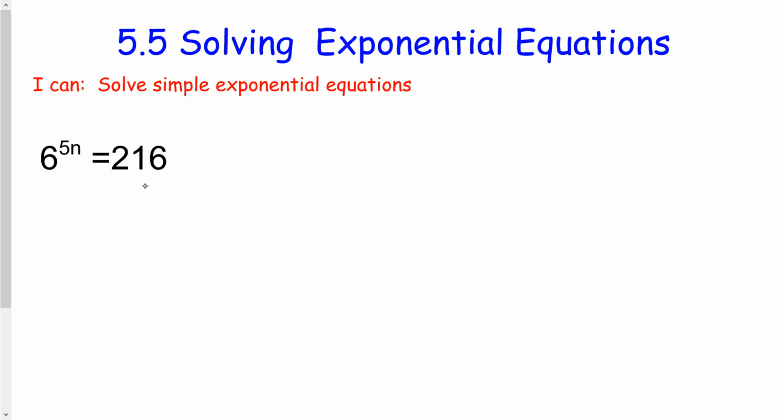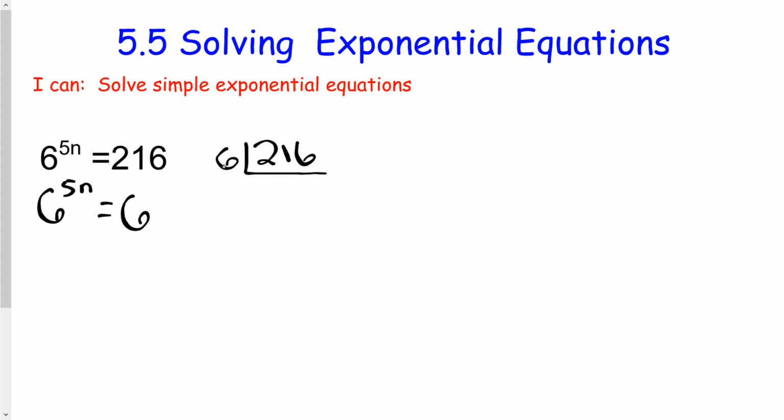Let's see here. I don't have same bases, so I need to somehow write this as a 6 to the power of something. 216 is to be 6 to the power of something. And the way I'm going to do that is I'm going to take 216, and I'm going to do this upside down division.